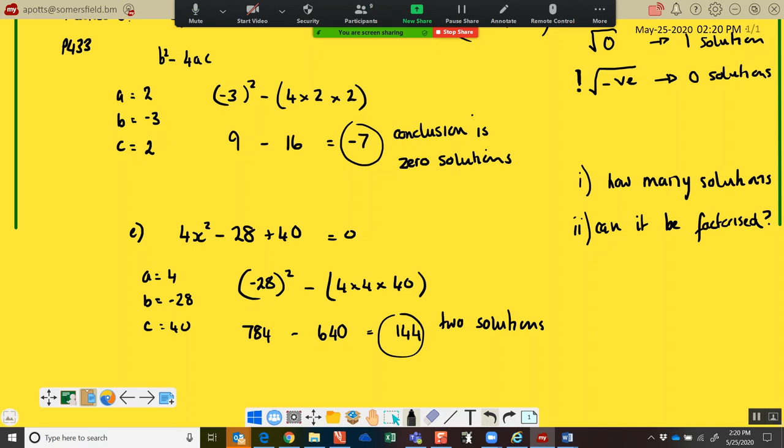So I'm looking at this now. I could try and solve it using vertex form or the quadratic, but the first option, probably the easiest option, is, well, actually, could it just be factorized? Now what does that answer potentially tell us about whether it can be factorized or not? Any ideas?